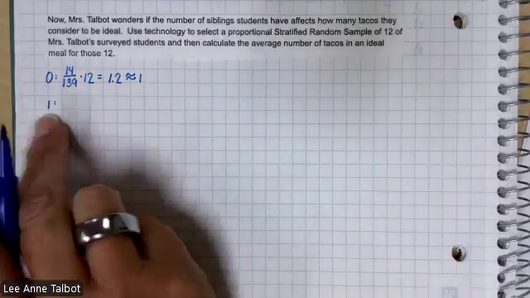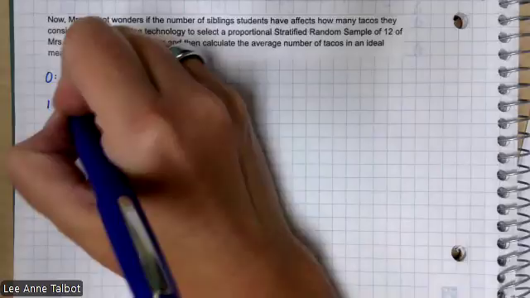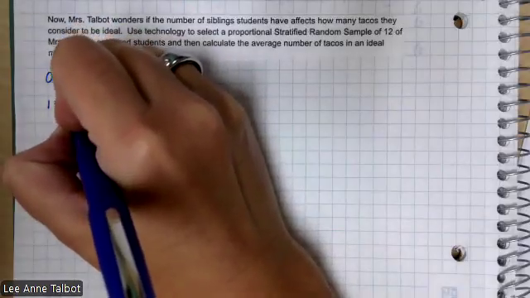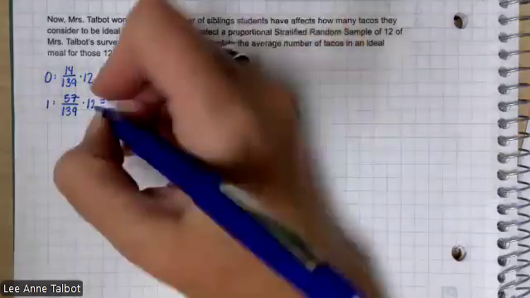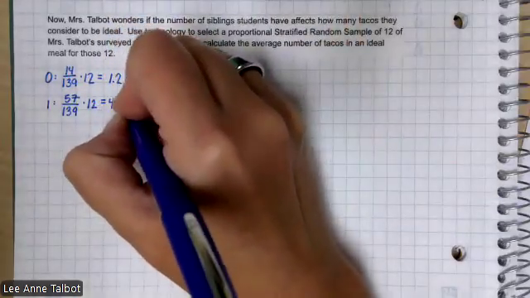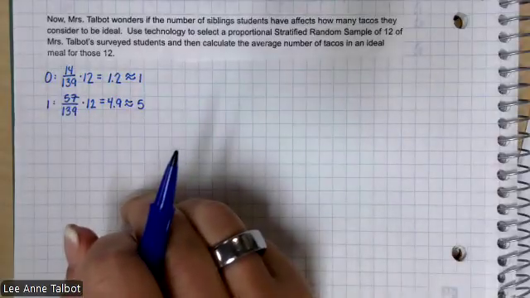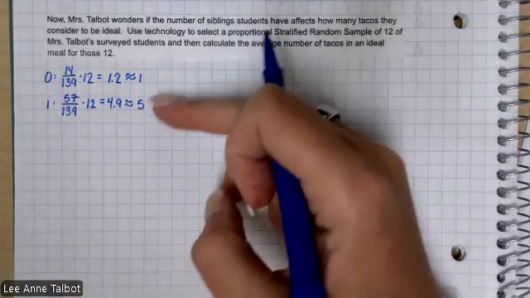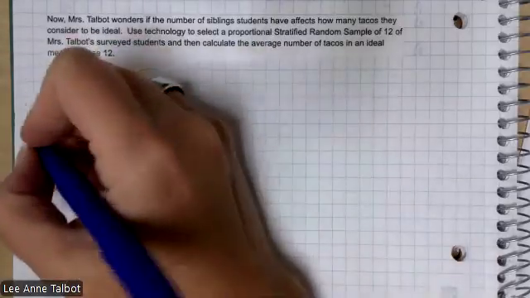How many students are there? 57 out of 139 total, and I want 12 total in my sample. So I'm going to sample 5 out of that section. Are you guys getting what I'm saying? So I'm going to sample 1 out of this section. I'm going to sample 5 out of that section.